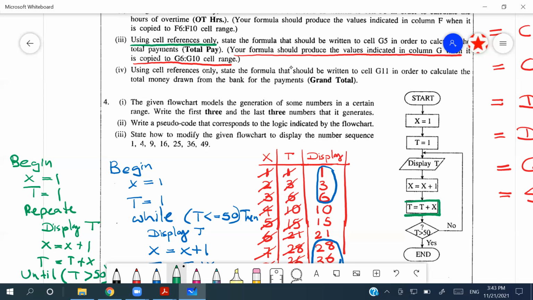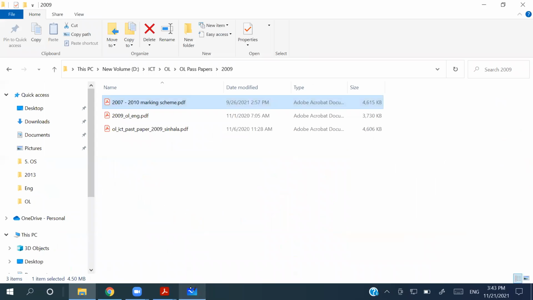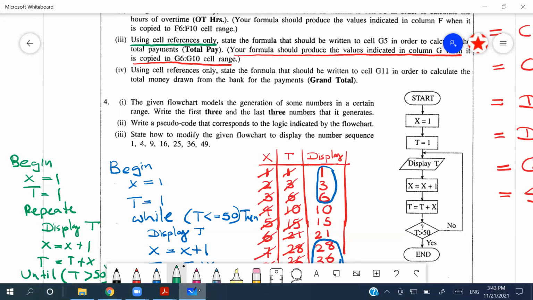Because 1 means 1 into 1, 4 means 2 into 2, 9 means 3 into 3, 16 means 4 into 4. So this is the place that you have to change.